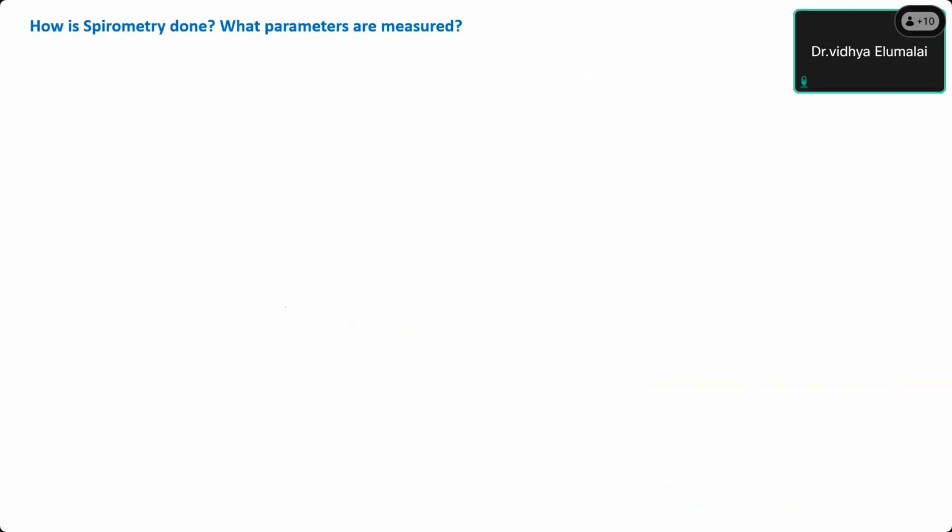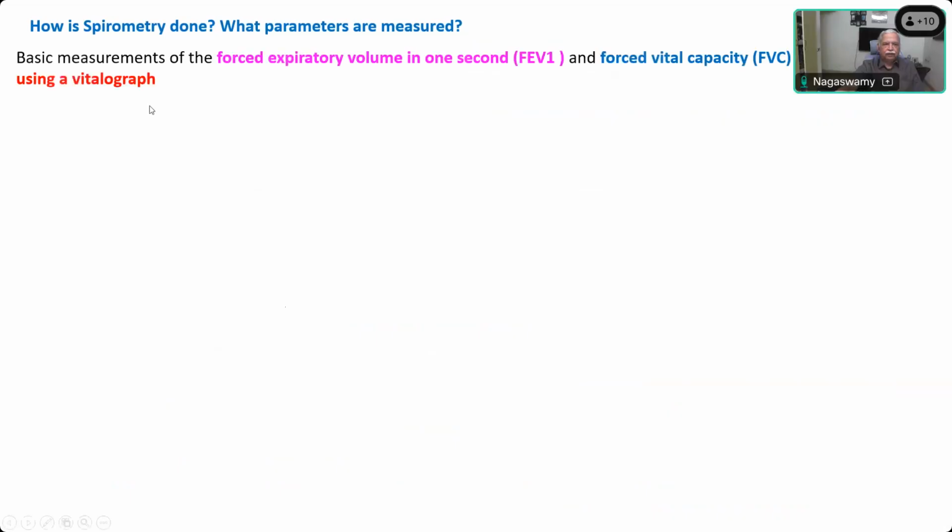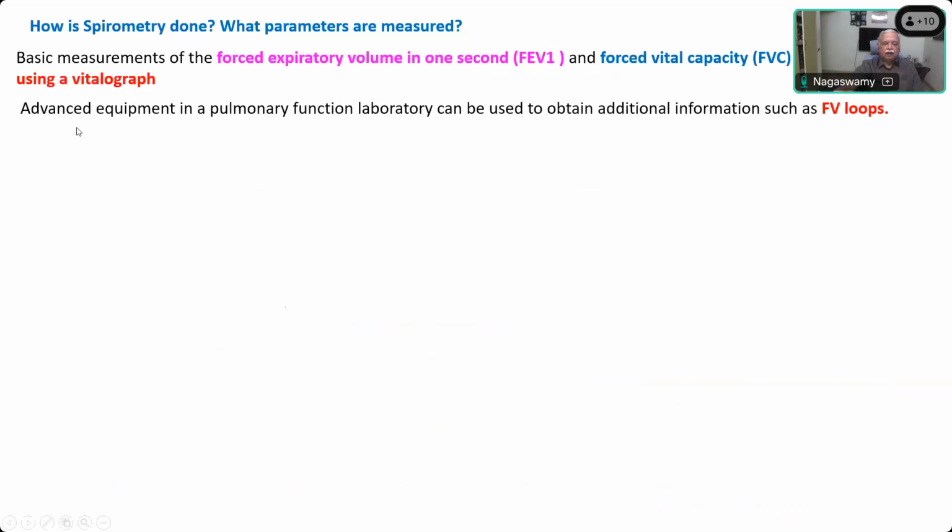What instrument do we use? The spirometer. It is called a vitalograph. We measure FEV1 and FVC mainly. These are the two parameters that we measure, and advanced equipment is needed for other information.